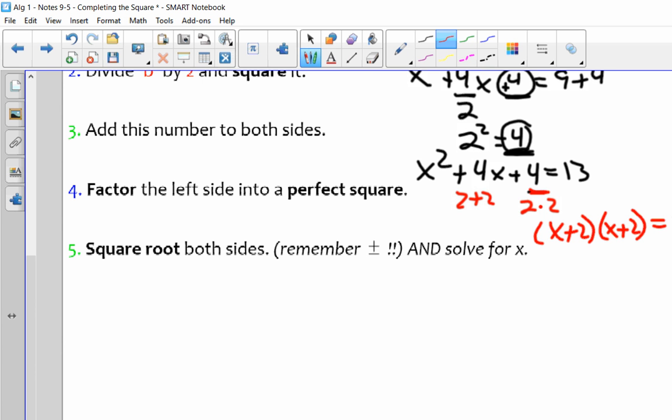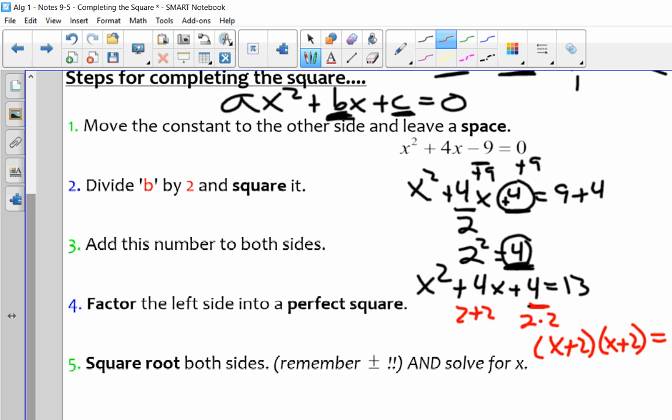I'm just going to pause here for a second and explain a couple things that might help you too. This plus symbol I get here, I'm getting from the original problem, whatever that symbol was, because sometimes it's going to be negative. That's the symbol I'm going to use in my factors. So that's one key to help you check, am I doing this right?